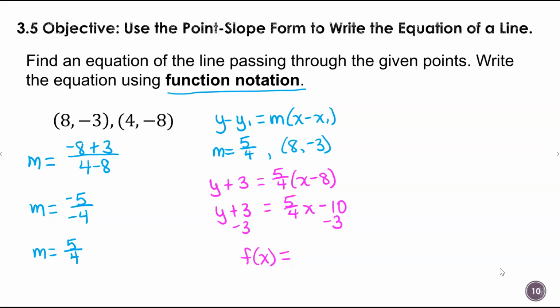I'm kind of skipping ahead to that so I don't have to write it one more time. Whoops, that's a 4. It would be good not to change the slope at this point. Right? And there we have it. This is the equation. Now we have it written in function notation. y equals 5/4 x minus 13 is the same as f of x. They just are a different notation.